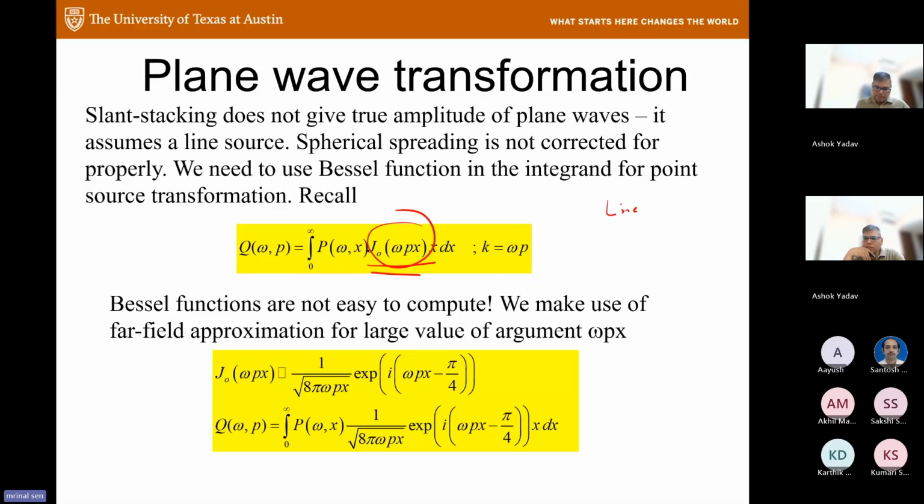Another thing is that if you still assume a layered medium, your multiples are truly periodic. In the XT domain, they're not periodic. In the tau-p domain, they are periodic. So applying a deconvolution filter to eliminate the multiples in the tau-p domain works much better than applying it in the offset-time domain. Any other question?